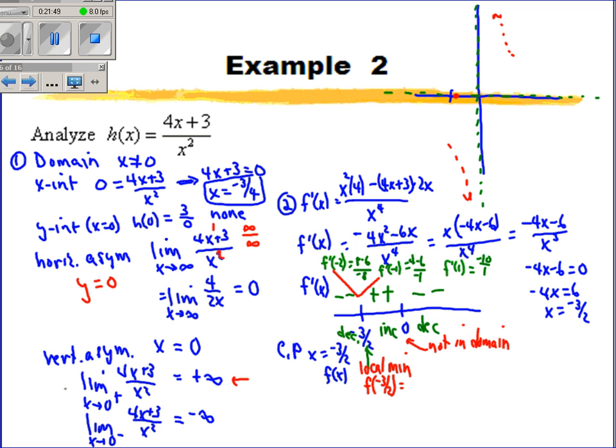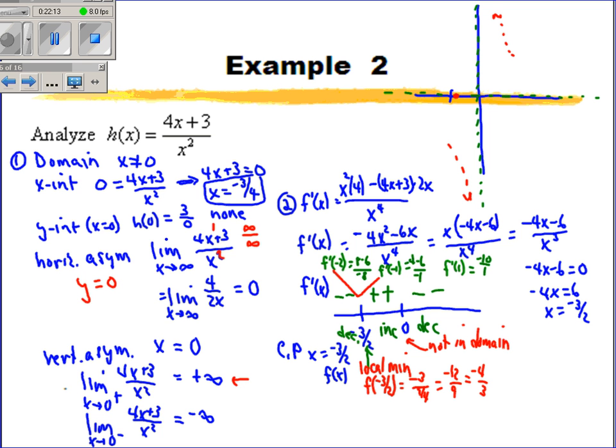F of -3/2: go back to your original function, put -3/2 for the x. I'm going to have 4 times -3/2, which is going to be -6 plus 3. So I'm going to have -3 on the top over 9/4. So that's going to be -12/9, which is -4/3.